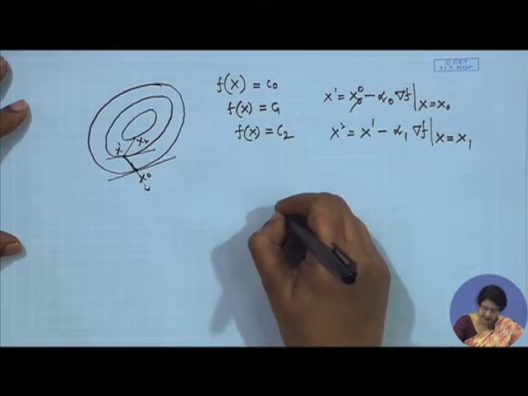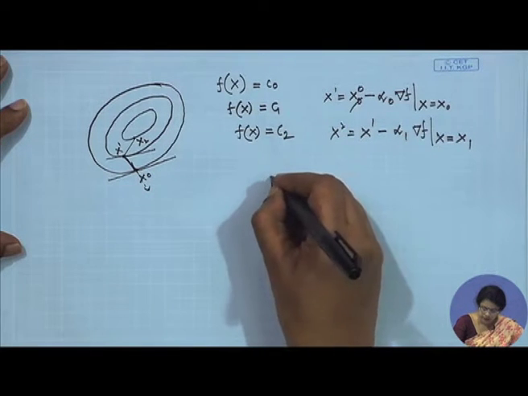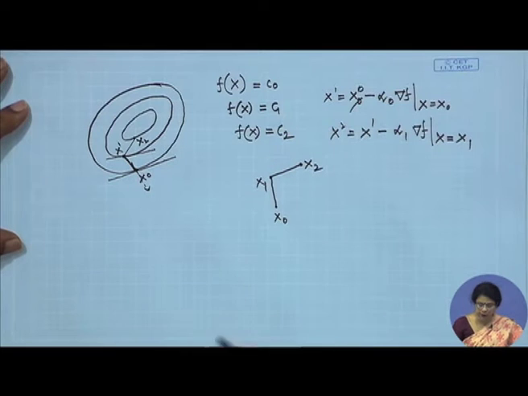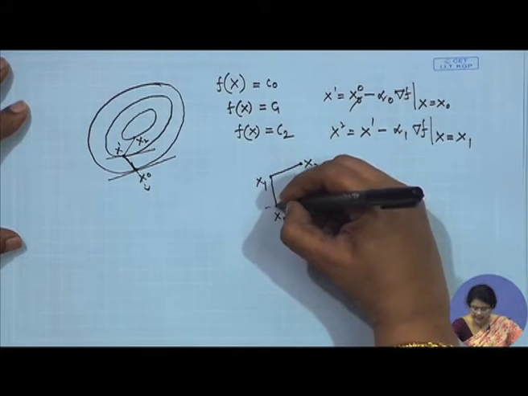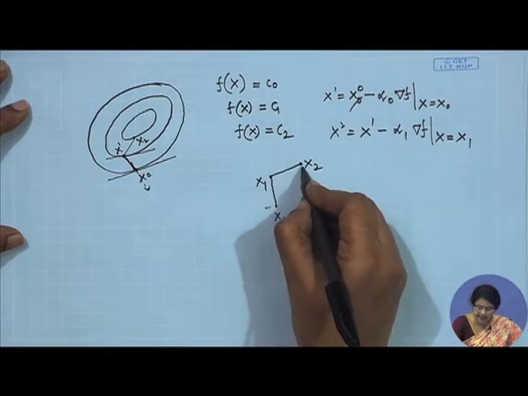Now, if we consider three points x naught, x1 and x2, what do you see? At x naught we consider the gradient direction, and again from x1 we consider the gradient direction.